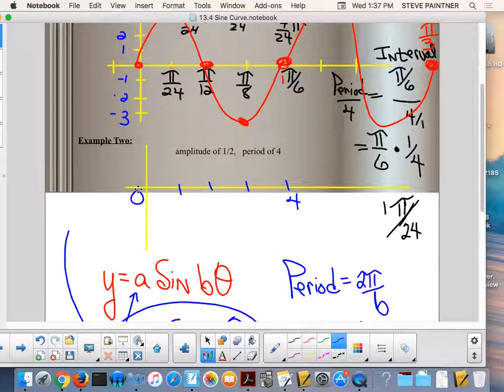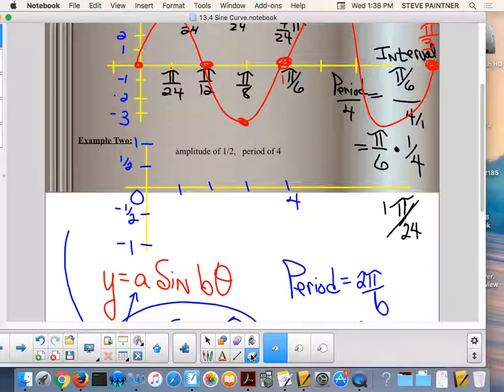You know the amplitude is 1/2, right? So it's not going to go very high and it's not going to go very low. Okay, here's the deal. You need to know what to count by to get to 4. You have 4 intervals. Now I think this one's pretty obvious.